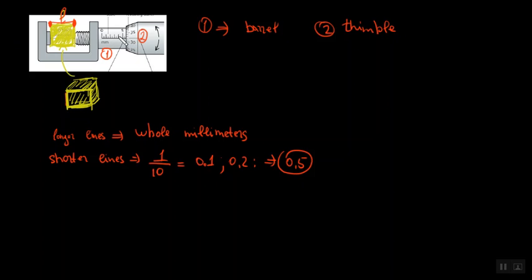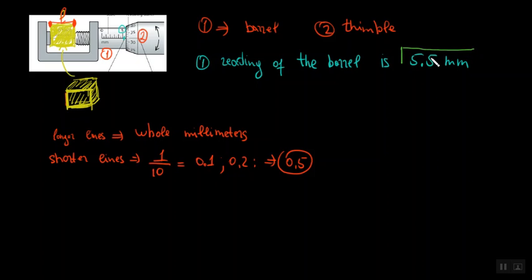The last reading here is showing the last whole number. As you see, it's 5, and after 5 I have one of the smallest lines. So the reading of the barrel is 5.5 millimeter. We already found the reading of the barrel, and I'm going to note it here, it's 5.5.